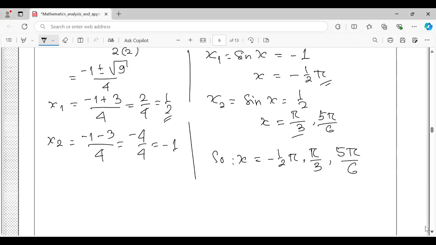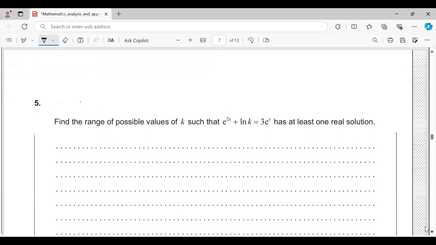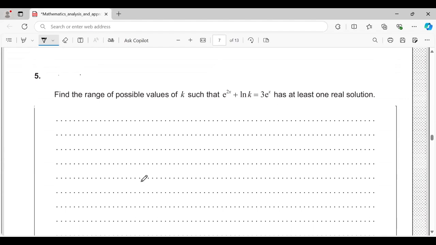Next, number 5. Find the range of possible values of k such that e power 2x plus ln k equals 3 e power x has at least one real solution.